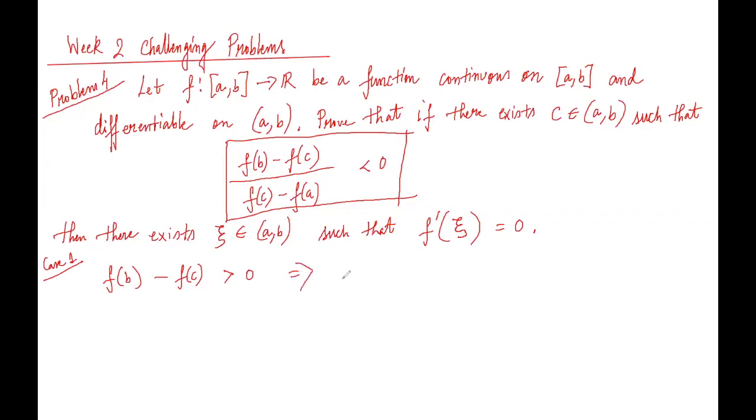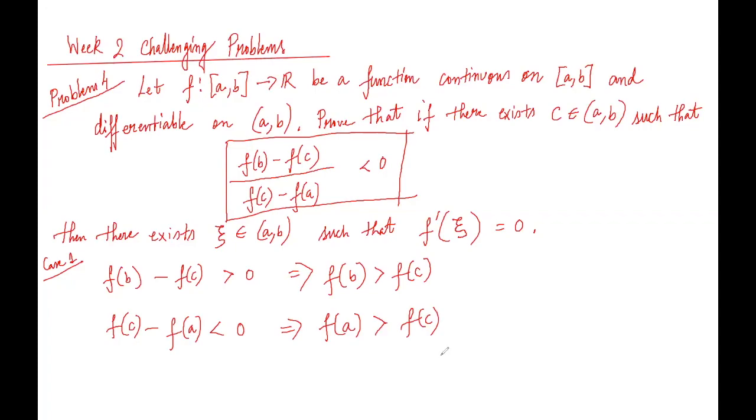And so we have f of b is strictly greater than f of c, and since the denominator has to be lesser than 0, this implies that f of a is strictly greater than f of c. Now if you notice that f is a continuous function on the closed and bounded interval ab, and so f will attain its absolute maximum and absolute minimum within that interval.